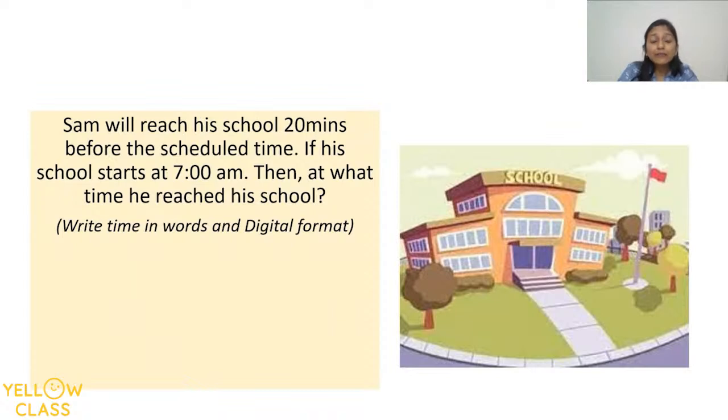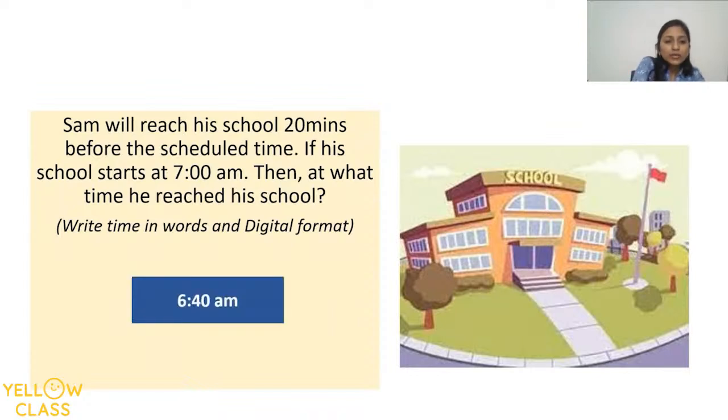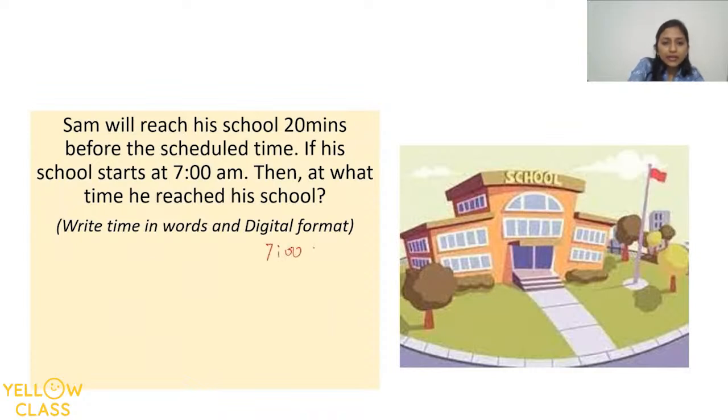So it says that Sam reached his school 20 minutes before the scheduled time. So if I just show you like this, it's 7 a.m. This is the time at which his school starts, but he reached 20 minutes before. So what time did he actually reach?